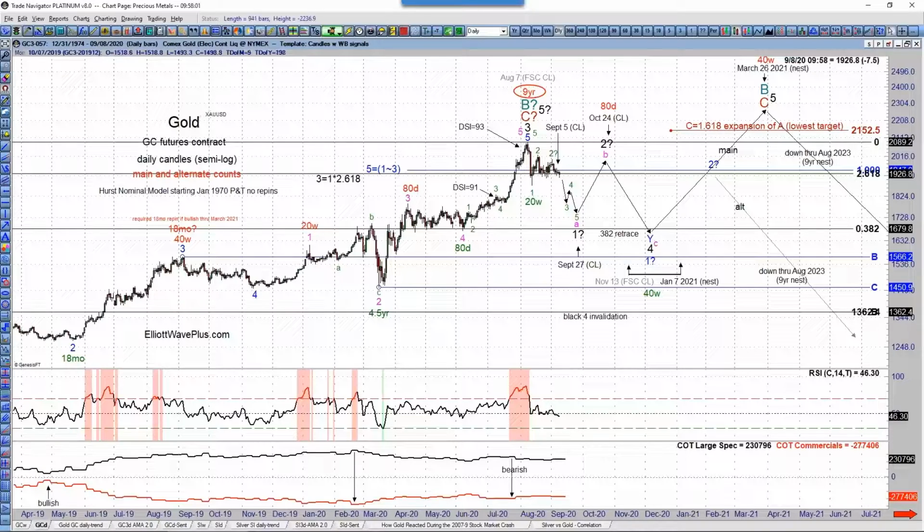Some people think that if we're calling for a crash in the stock market or something, better buy gold. That correlation doesn't actually exist in history that way. Sometimes gold acts like a safe haven, but most of the time it is a hedge against inflation, and it moves opposite the U.S. dollar.